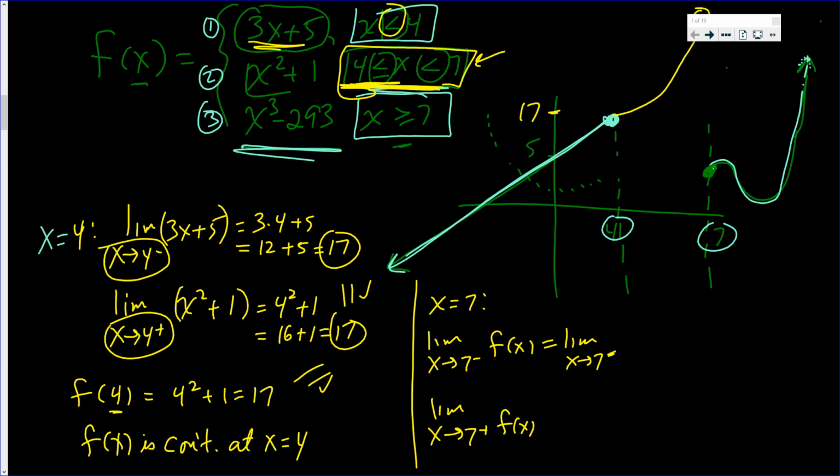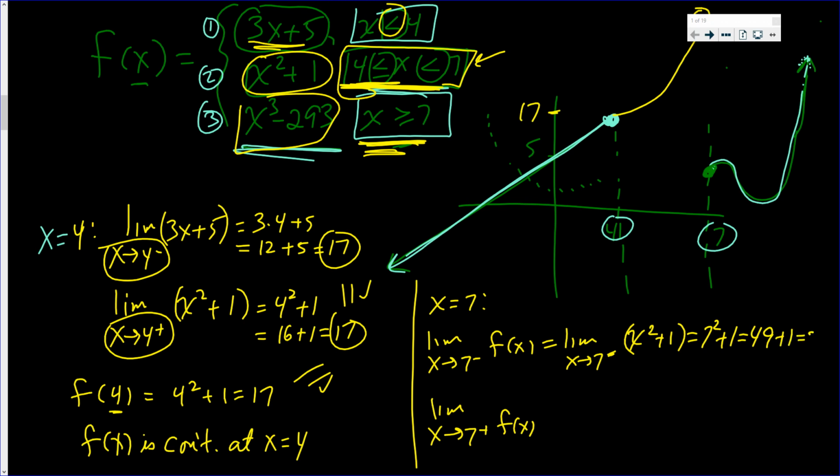If you're a little bit less than 7, you use the middle function, because it applies if x is between 4 and 7. That means if you're less than 7, you use x squared plus 1. You get 7 squared plus 1, which is 49 plus 1, which is good old 50.